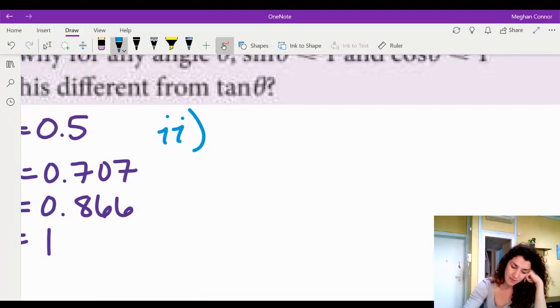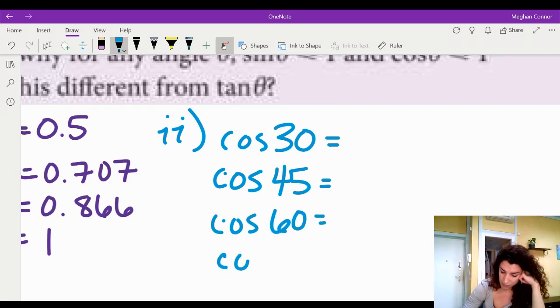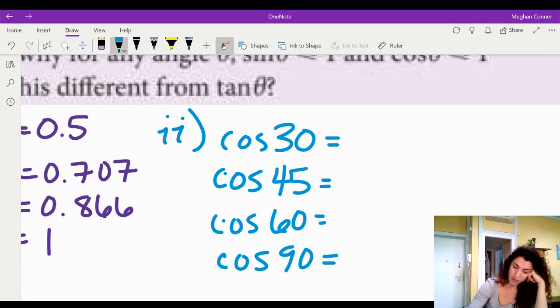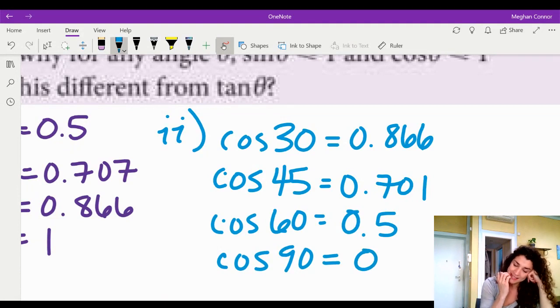We're going to do it again for cosine. So we get cosine of 30 is 0.866, 45 is 0.707, cosine of 60 is 0.5, and cosine of 90 is 0.